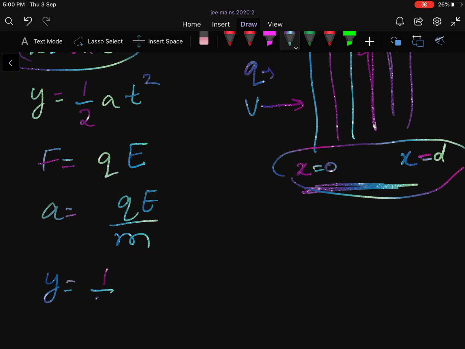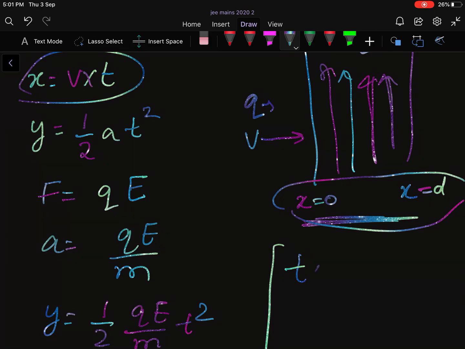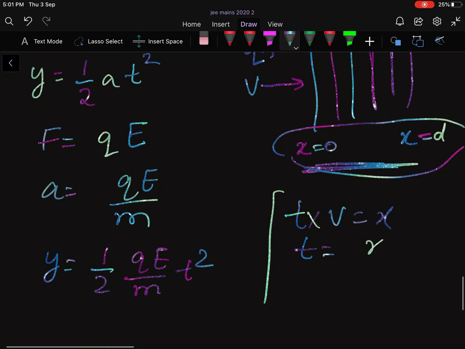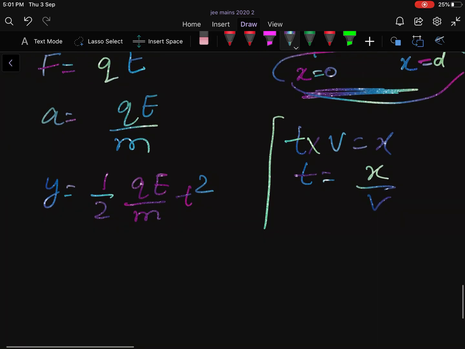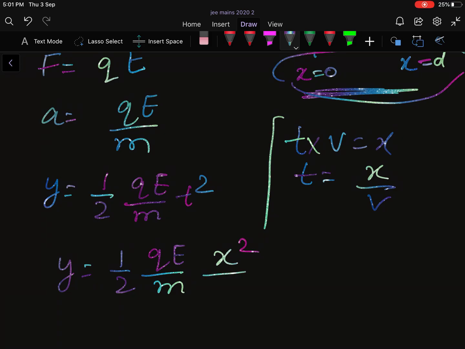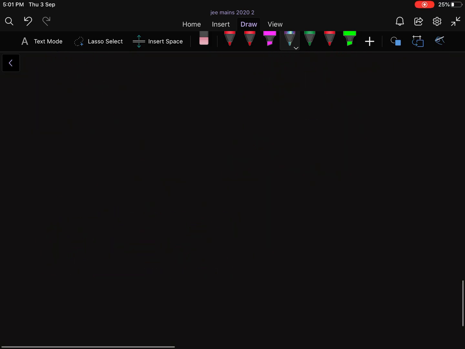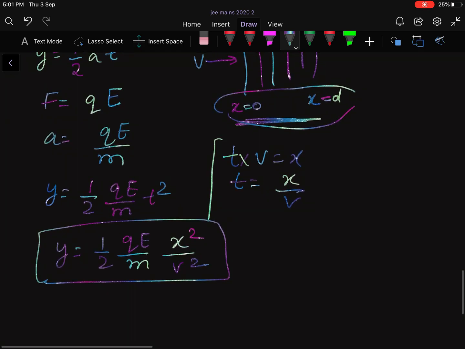So y equals half times qE by m times t square, and you know that t into v equals x, so t becomes x by v. Instead of t, write x by v. So y equals half qE by m into x square by v square. So this is the equation of the trajectory.